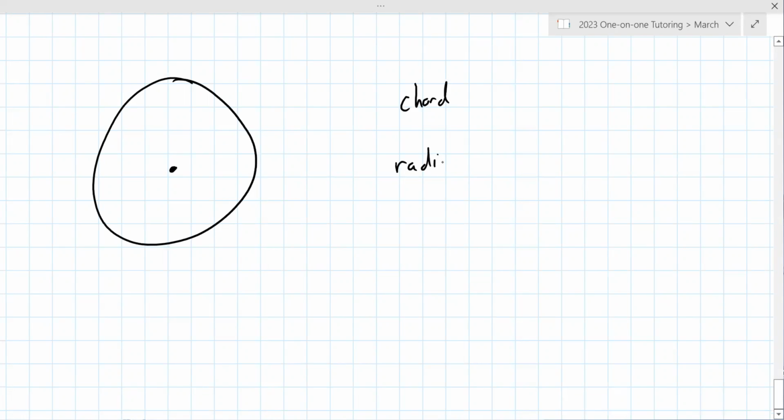Do you remember the difference between a chord, a diameter, and a radius? Could you describe the differences, or tell me what each one is?